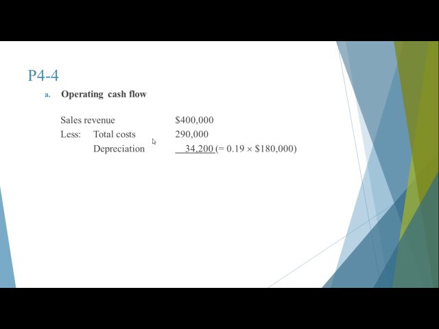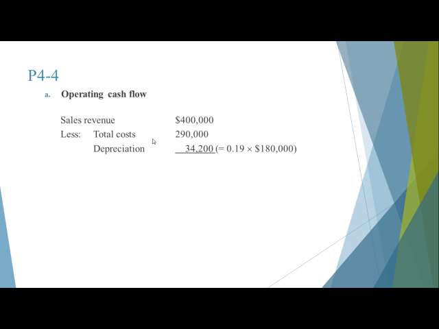After subtracting the total costs, we also need to subtract the depreciation. The depreciation of this asset in year 3 is equal to its initial cost, 180,000, times 19%, the depreciation rate found in the MACRS table.